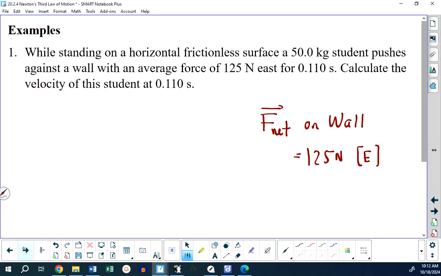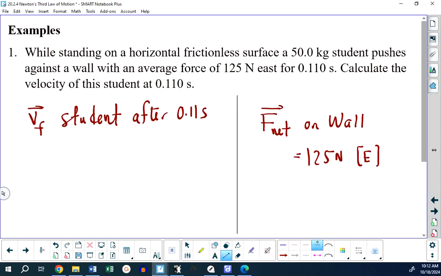This is not the force on me. I want to find my velocity at the end. I want to find, or the student's, I want to find VF of the student after 0.11 seconds. And actually, I don't know that many of you could just use formulas to answer this. There's something else involved here.